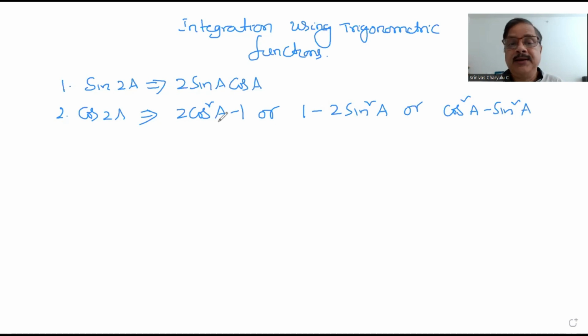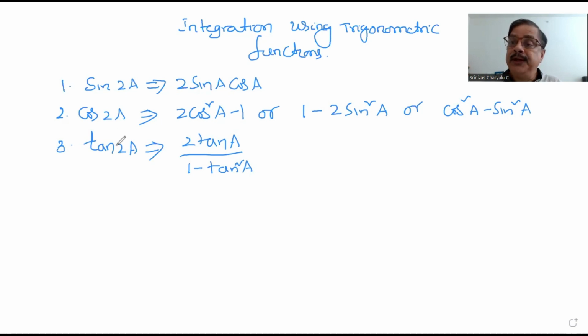So cos 2a has these three formulas, and you have to remember these three. Next, tan 2a is 2 tan a by 1 minus tan square a. These are all for 2a.